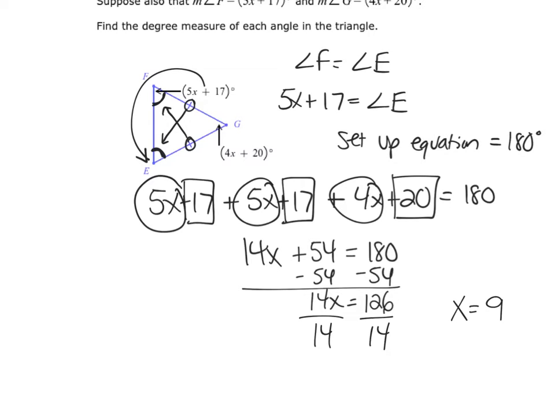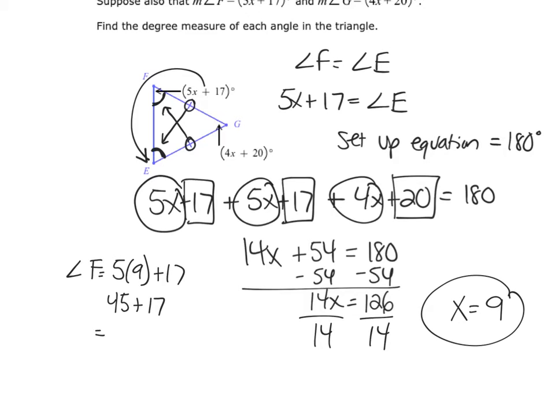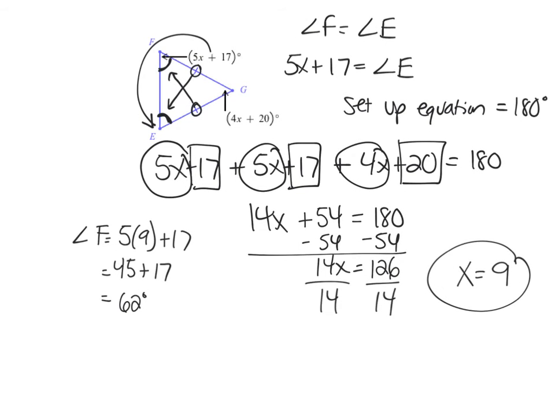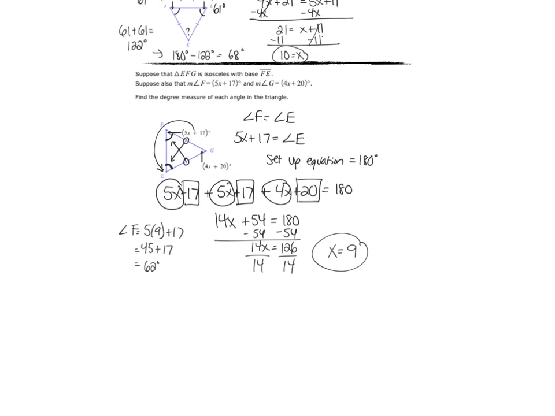So remember, we have to plug that back in for all of our angles. So if I plug it back in, then angle F is equal to 5 times 9 plus 17. So 5 times 9 is 45 plus 17, which is 62 degrees. And remember, angle F is the same as angle E, so angle E is also 62 degrees.